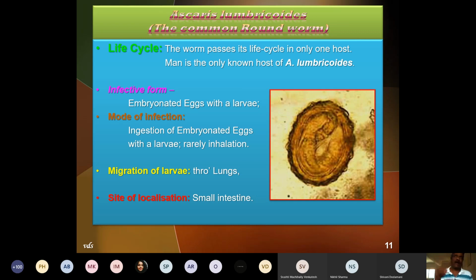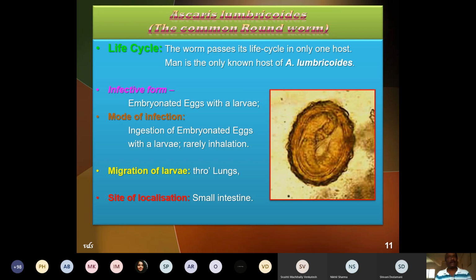Because the larva has to undergo much more development still. Unless it penetrates through the intestinal wall into the blood circulation, is carried to the liver, then to the heart, then to the lungs, and then into the systemic circulation, it has to undergo development during this traveling, during this migration.